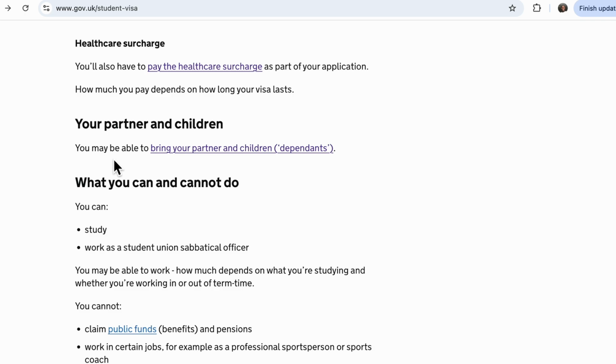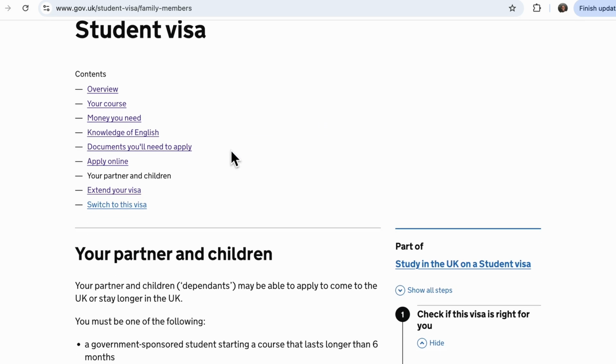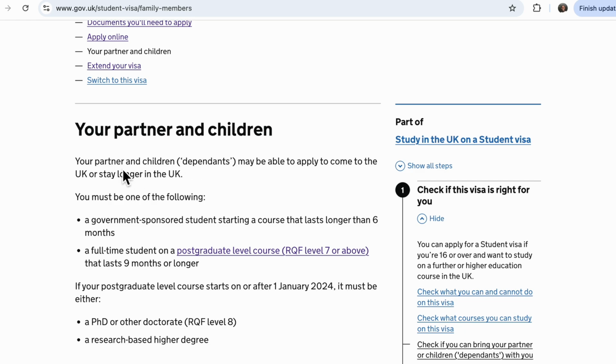So your partner and children, they're saying you may be able to bring your partner and children. Let's look at the dependents part. Your partner and children, dependents, may be able to apply to come to the UK or stay longer in the UK. You must be one of the following.